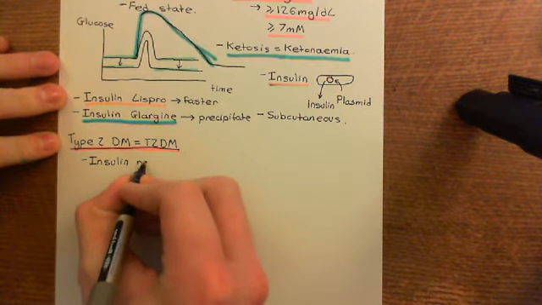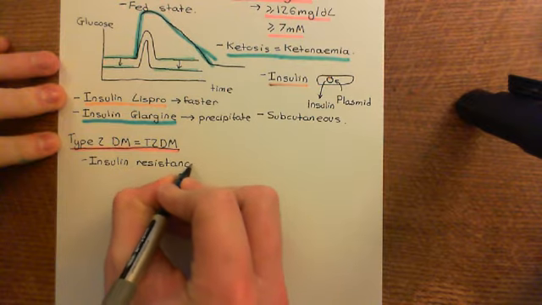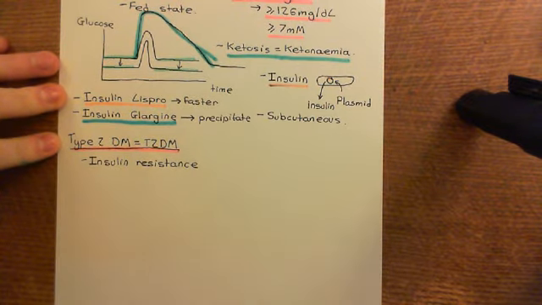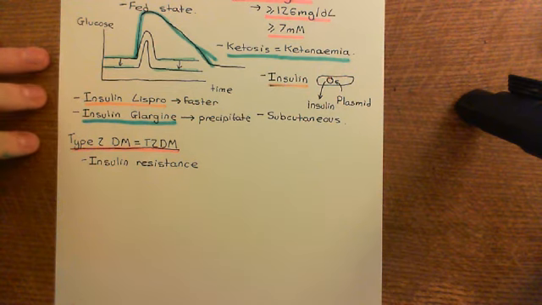Now what this means is that the beta cells of the islets of Langerhans are producing a perfect amount of insulin. They're doing exactly what they were supposed to do, but the peripheral tissues that respond to insulin, such as the skeletal muscle cells, the liver cells, the adipocytes, are going to stop responding to the same extent.